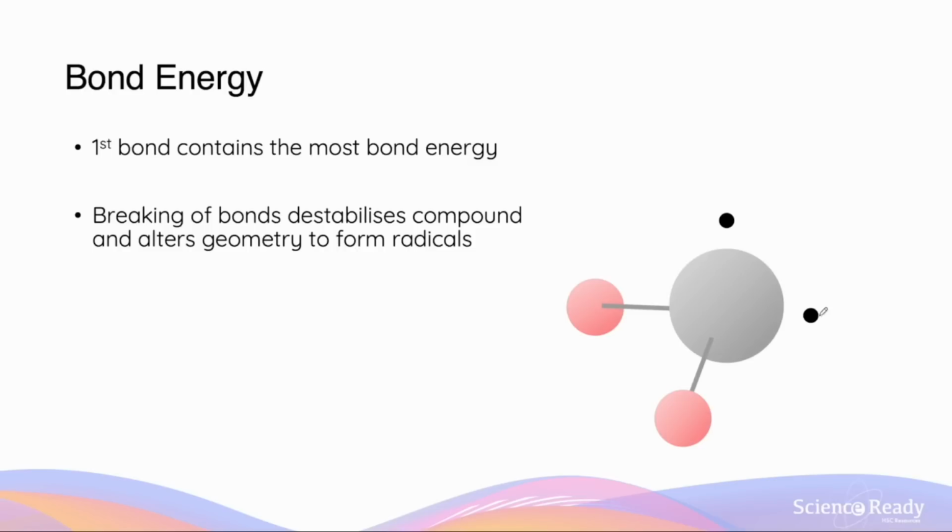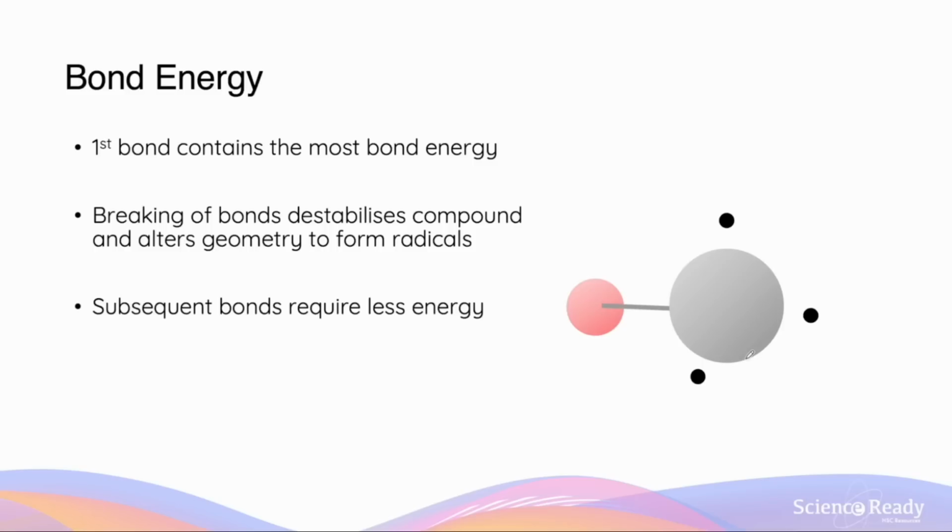After we break the second bond, we again form another radical, and this will cause the remaining 2 unbroken bonds to again move towards them due to a smaller repulsion. So again, this will change the geometry and further destabilize the molecule. Subsequently, when we break the third bond, this will require even less energy and therefore have a lower bond energy value.